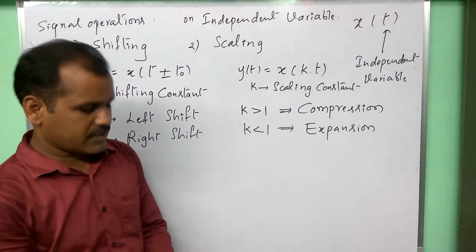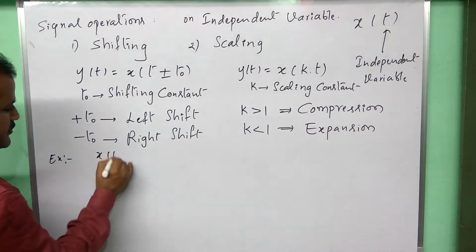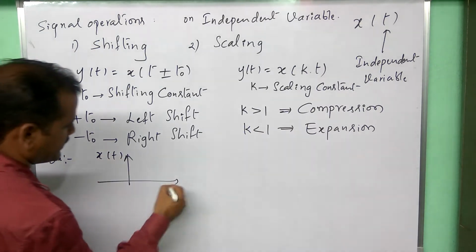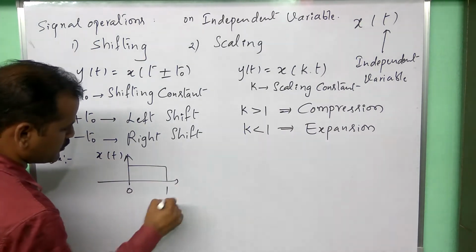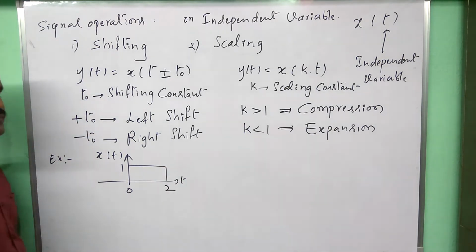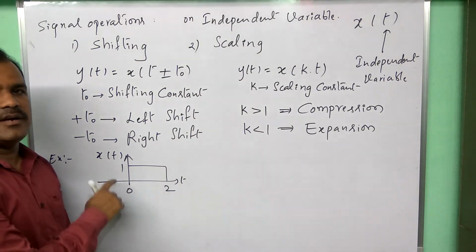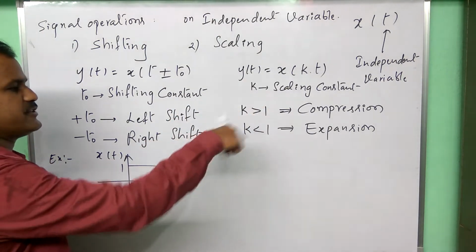Let us see with the help of an example. The signal I am taking as example is x of t, a rectangular pulse from 0 to 2 with amplitude 1. On this signal, let us perform these four variations.